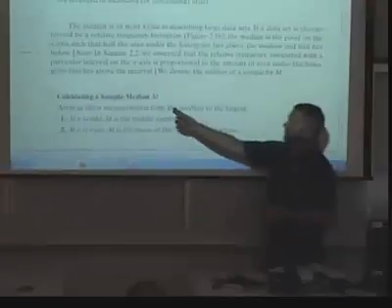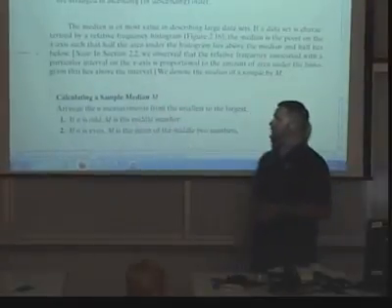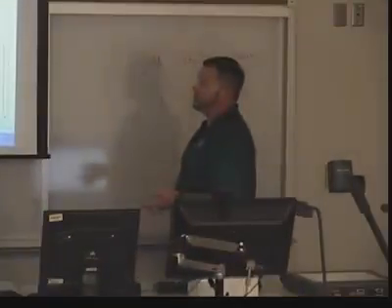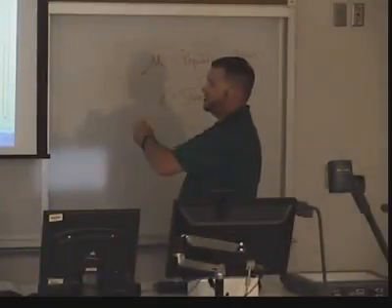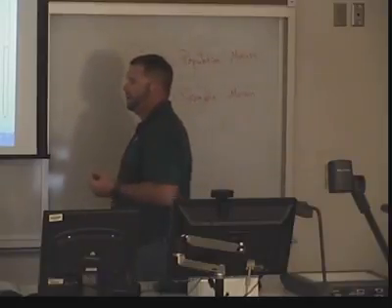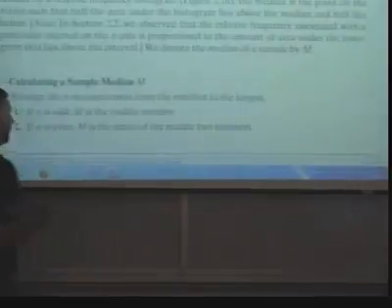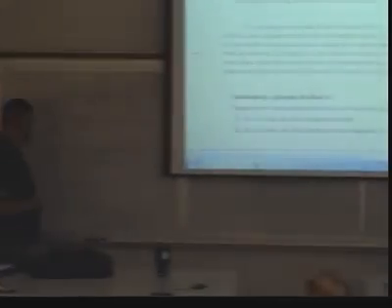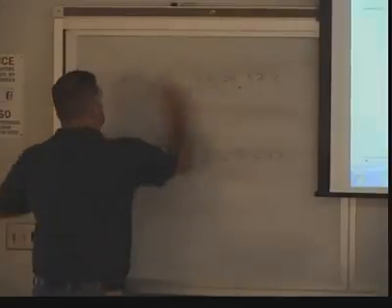So calculating a sample median. Notice here they use a letter M because we're talking about the sample. Arrange the n measurements from smallest to largest. If there's an odd number of data points, M is the number in the middle. If n is even, M is the mean of the middle 2 numbers. So let's just look at a simple example here.